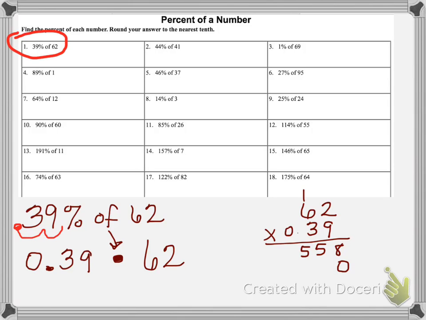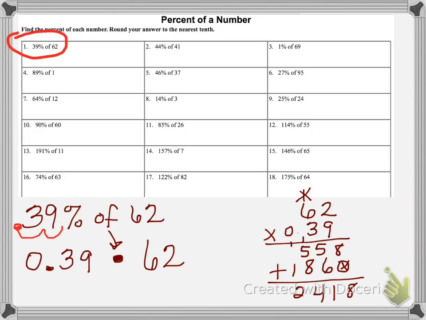A 0 to hold the place. I usually put a little x in there. 3 times 2 is 6, and that 1 is gone. 6 times 3 is 18, and there's nothing else left to multiply, so I can bring the entire 18 down. I add 8 plus 0 is 8. 5 plus 6 is 11. 8 plus 5 is 13, plus 1 is 14. And 1 plus 1 is 2.